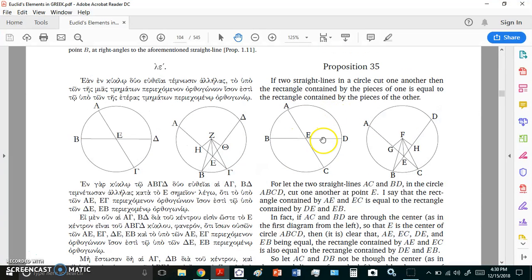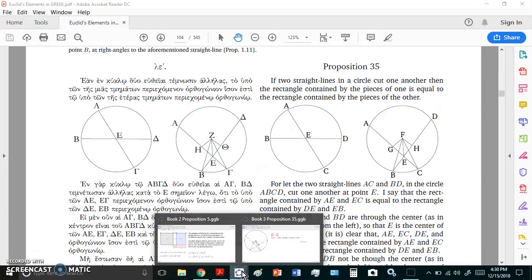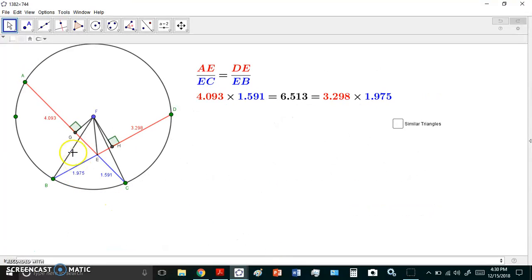This is the proposition here. And what it says is basically this, that the length of this line here, AE, times EC, the length of AE times EC, is equal to the length of DE times EB. Okay, I've actually written this incorrectly here.